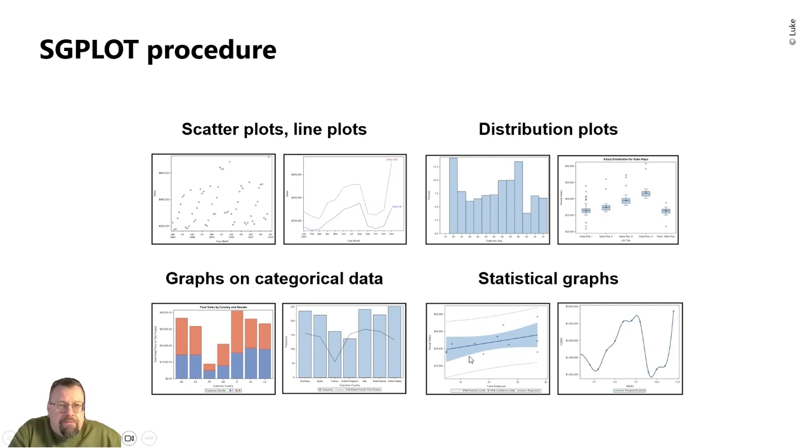Well, this is basically a scatter plot, but we have also fitted a regression line with some prediction limits and confidence limits there as well. And then there's another one, some kind of a smoothed curve that we have created here. So all these and some more even are available in the SGPLOT.